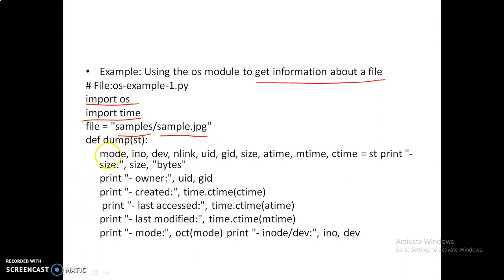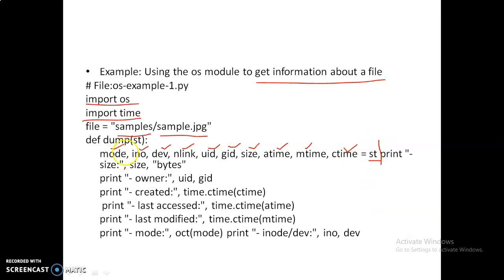Here I want to get different information like mode of the file, inode of the file, device of the file, links, user ID, group ID, size of the file, creation time and access time of the file. These are all the different information we want to get. This all comes from a variable, st. This is the end of this line.